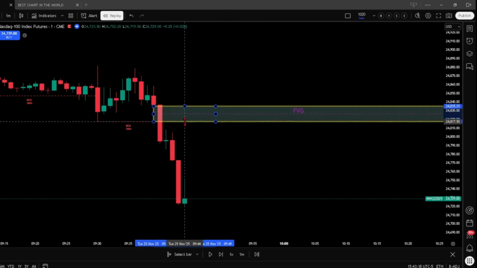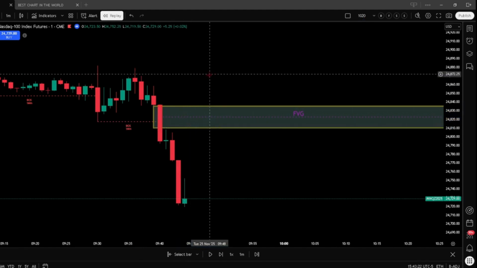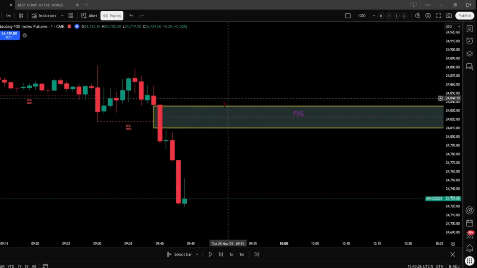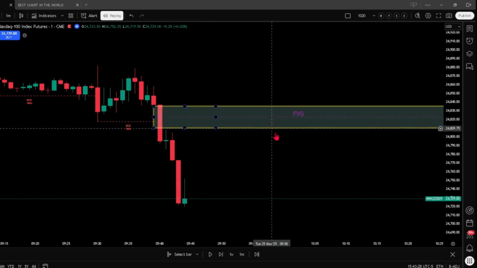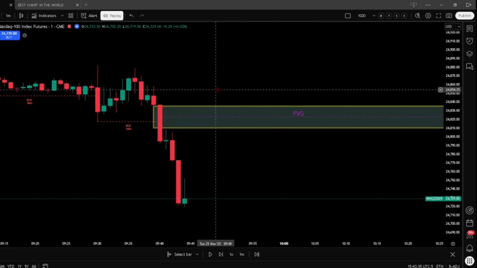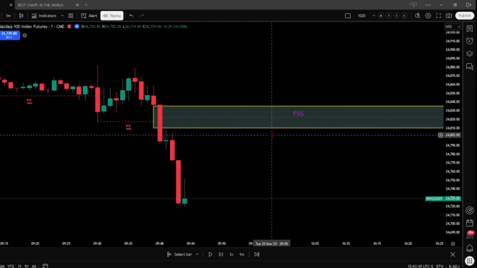So we have a bearish fair value gap right there. So we have our setup. If it doesn't come back to it and turn away, there's no trade. But if it does, then at that moment, once it turns away, we'll enter it.